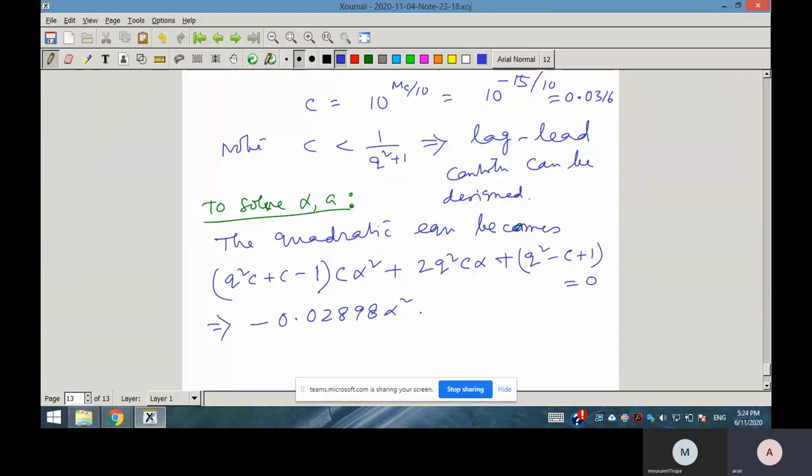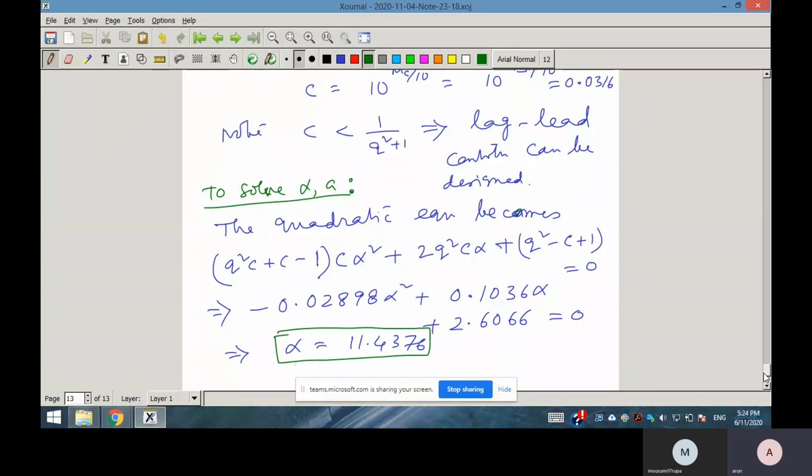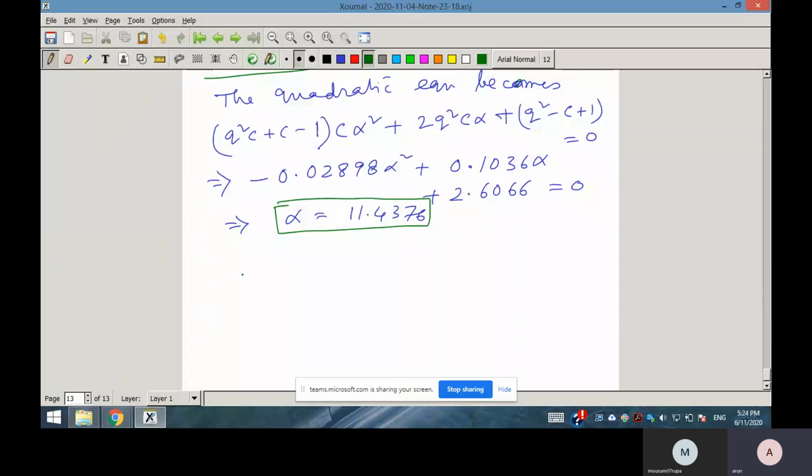As I said before also, 0.1036 alpha plus 2.6066 is equal to 0. So this will give you ultimately alpha equal to 11.4376. Okay, this is about your alpha. And then what is your a?